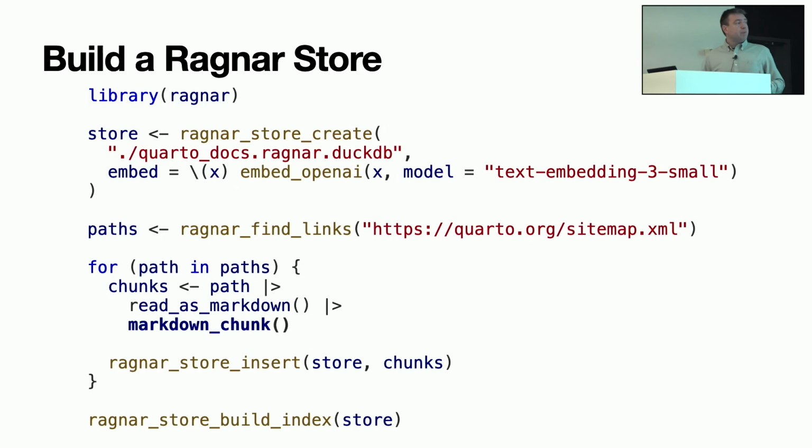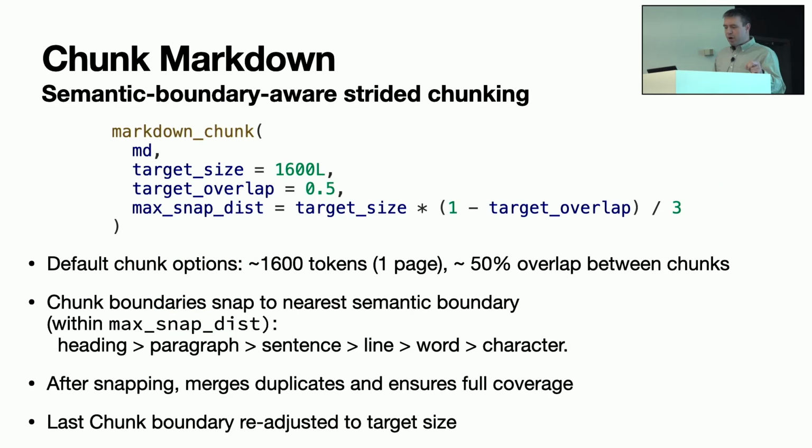Once you have your piece of markdown text, you want to split it into smaller chunks or excerpts. For this task, Ragnar provides markdown chunk. And markdown chunk is quite a fancy function. I would describe it in a phrase as semantic boundary aware strided chunking. It tries to pick smart boundary positions so it doesn't cut off in the middle of a word, for example.